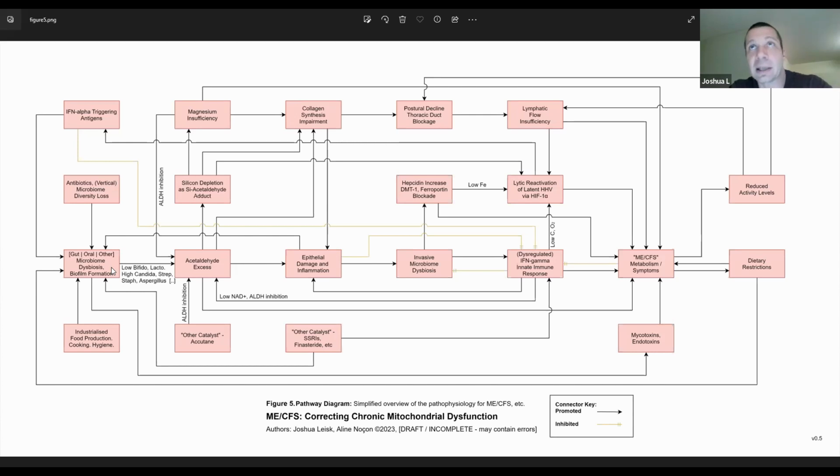They remain hidden in those biofilms because the immune surveillance can't see inside them. And these species are able to produce ethanol and/or acetaldehyde. This is an important thing, because the acetaldehyde has a key disruption of a number of very critical pathways.